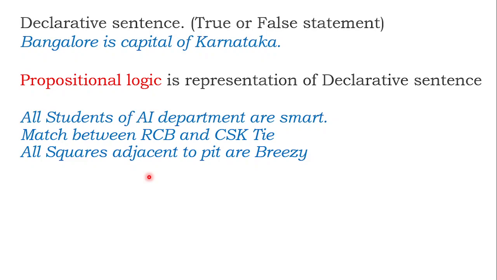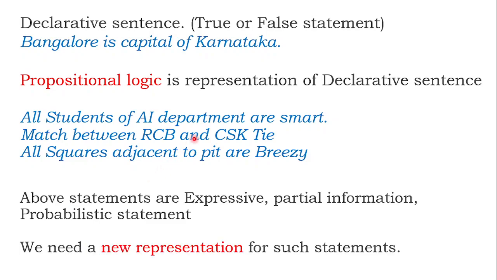Then what type of statements are they? The above statements are expressive statements, partial information statements, and the last one is a probabilistic statement. These are all not declarative sentences. So we cannot use propositional logic to communicate these statements to a computer.